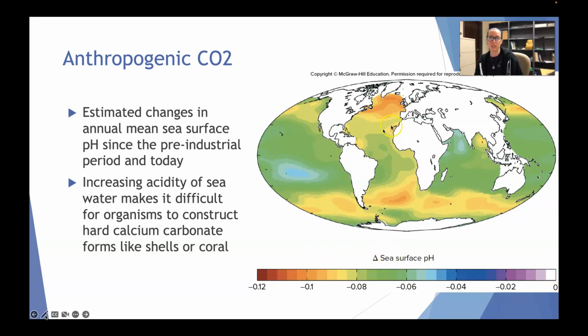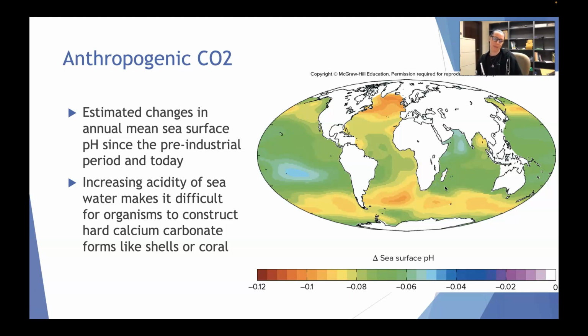And so what we can see is that there has been a decrease in surface seawater pH all over the world. But really, to me, things that stick out are right off the coast of Greenland and Iceland up here in the northern hemisphere, and also in the southern hemisphere. So the Atlantic Ocean seems to be taking the biggest hit for whatever reason. So it's really not that great.